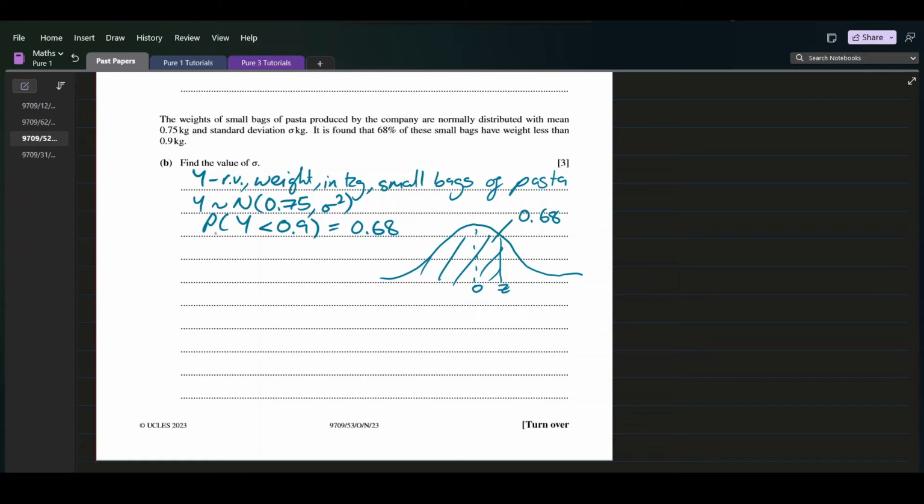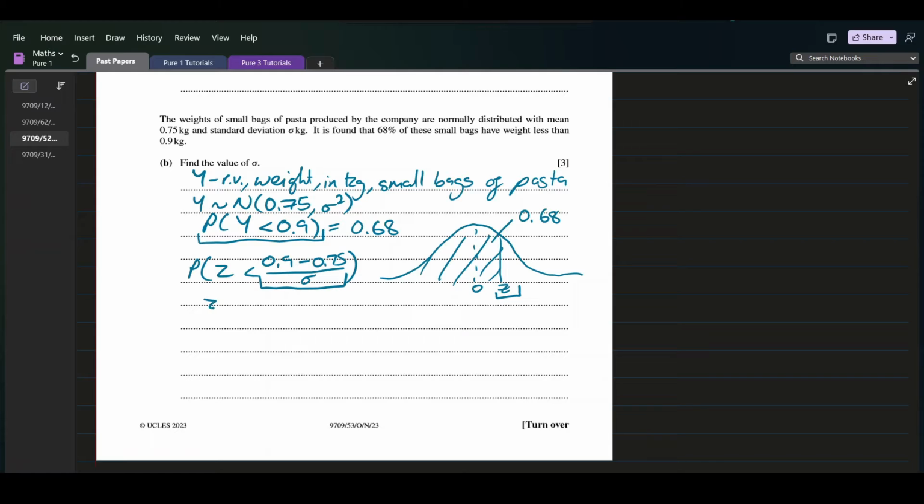So if we were to standardize this expression over here, it would become the probability that Z is less than (0.9 − 0.75) over sigma, right? And we're saying that this expression over here is equal to the Z value we'd get over there.